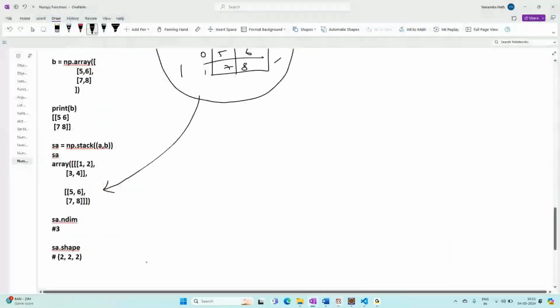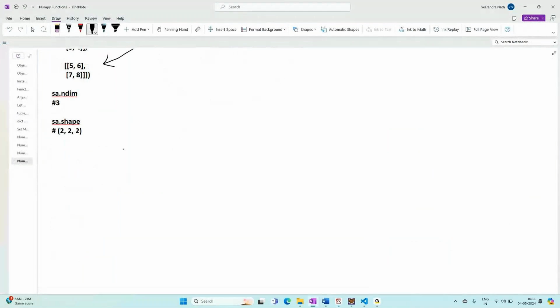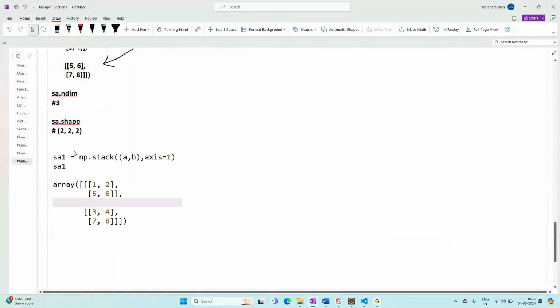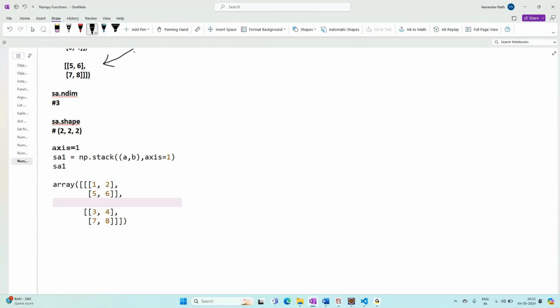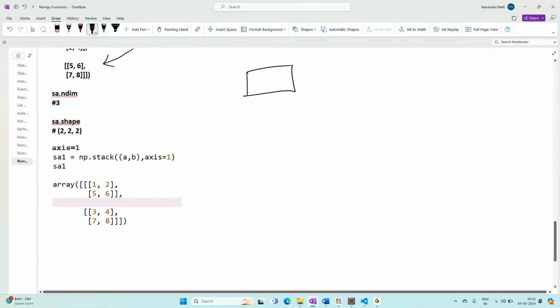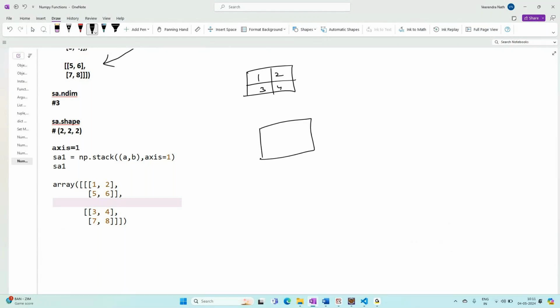I tell you. My base arrays are 1, 2, 3, 4 and 5, 6, 7, 8. Now I said axis is equal to 1.